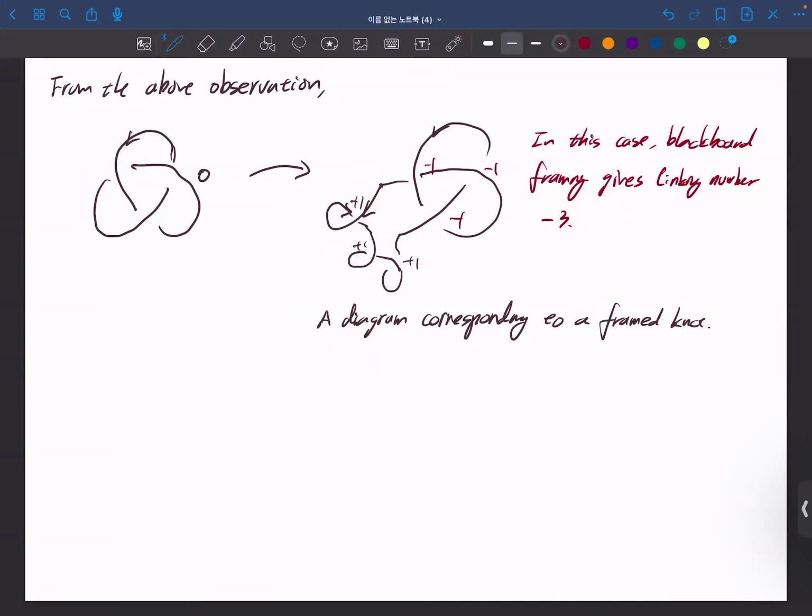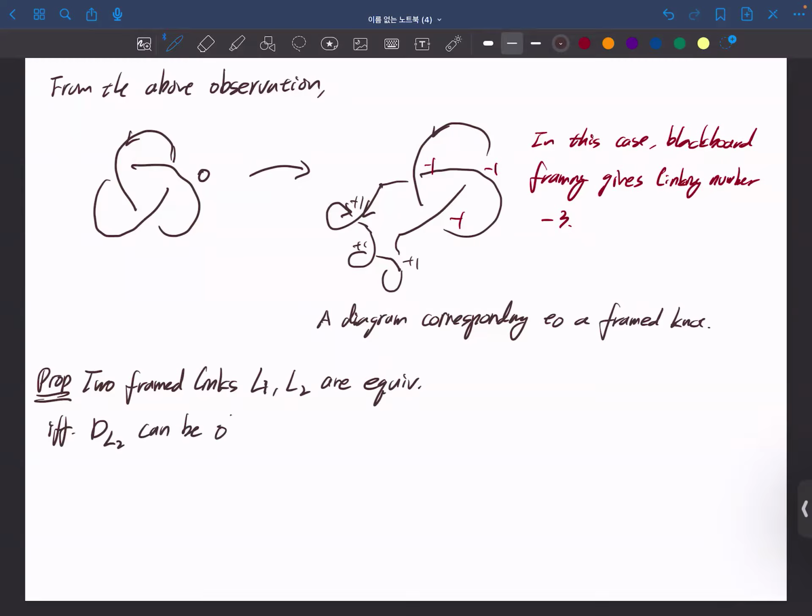And then as a proposition, we can prove such a proposition. Framed links L1, L2 are equivalent, meaning up to ambient isotopy, if and only if corresponding diagrams are equivalent.